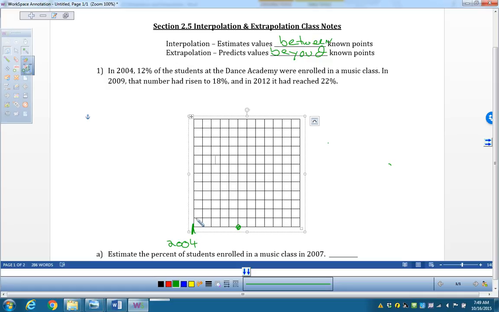So let's call this right here 2004, and we'll call this 12% right here. A lot of times they'll use a little squiggly line to indicate it doesn't start at 0 there. So we have a point here at 2004, 12, and we're going to go up every 2 boxes like that.